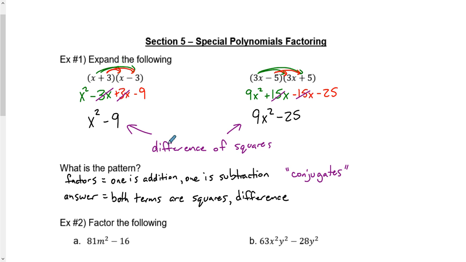So we're going to learn how to factor a difference of squares. How can we go from this question to that answer? The key is looking at the fact that they're both squares, and there's a difference, as well as addition and subtraction.